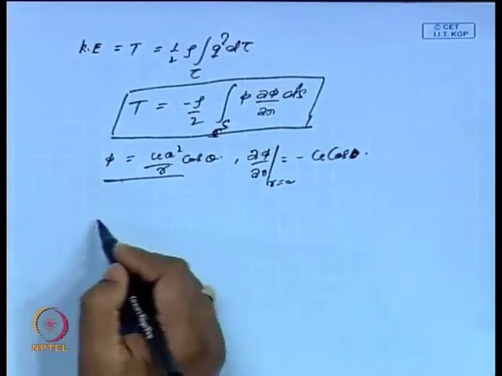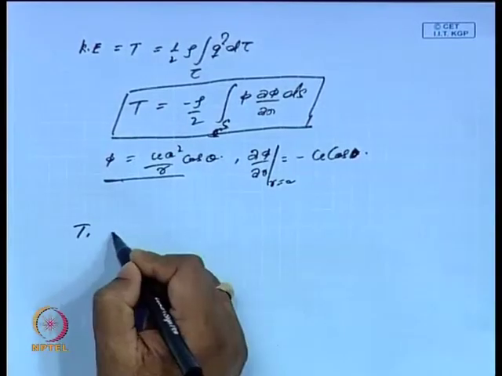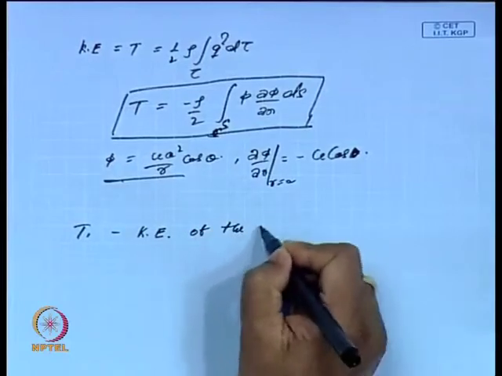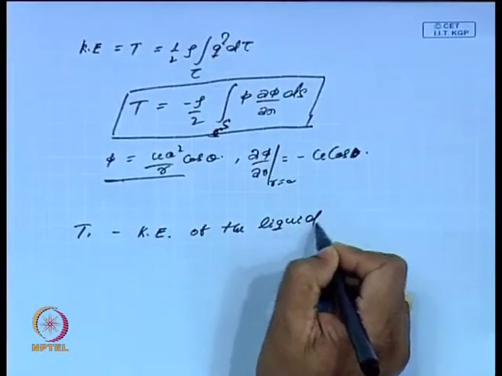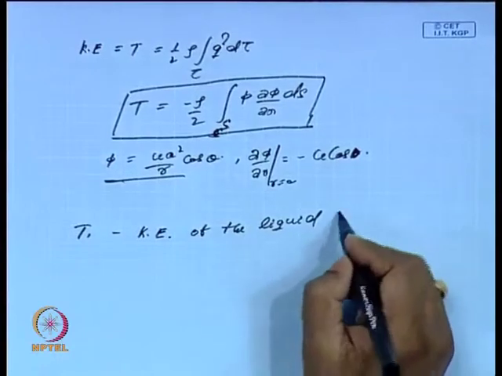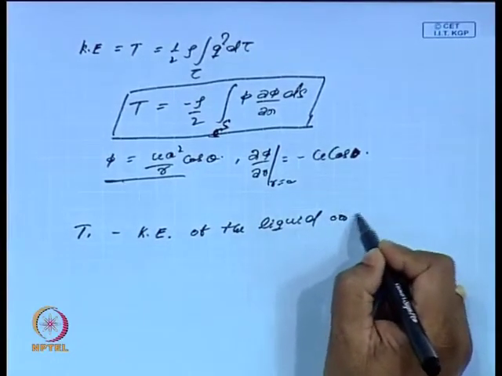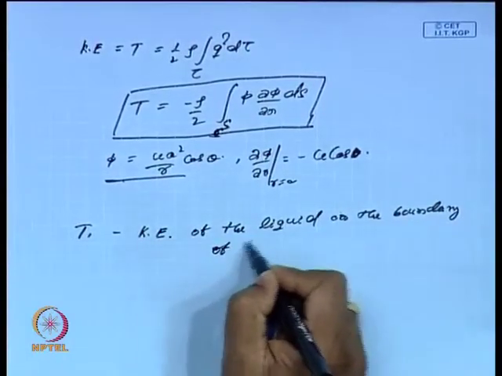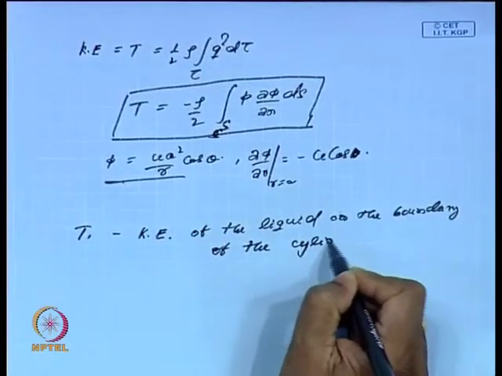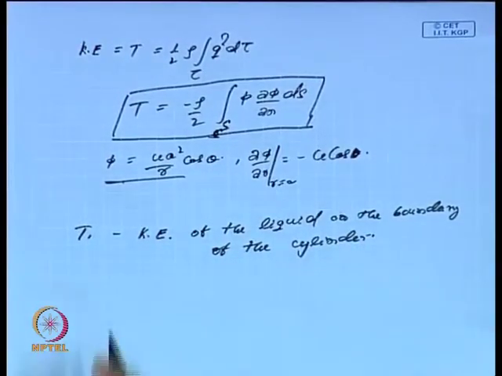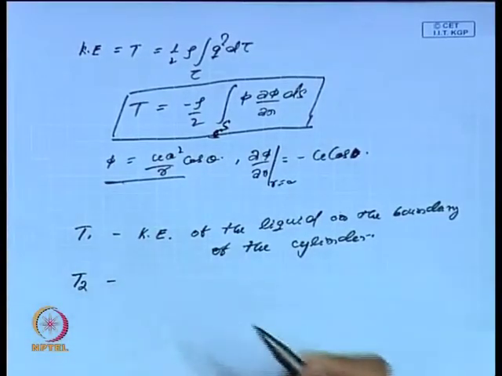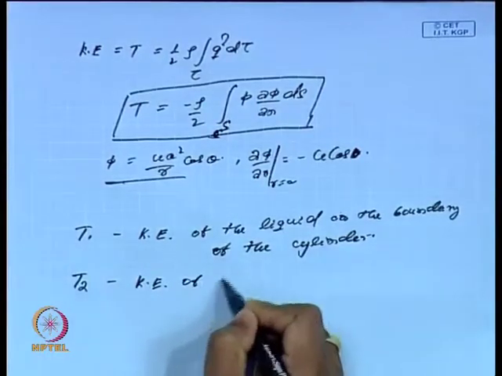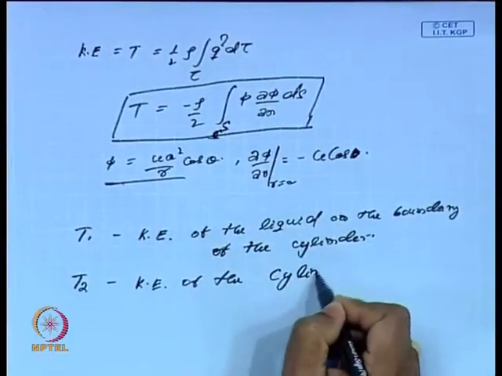Then what will happen? Suppose I assume that T1 is the kinetic energy of the liquid on the boundary of the cylinder. And let T2 be the kinetic energy of the cylinder, because the cylinder is moving.